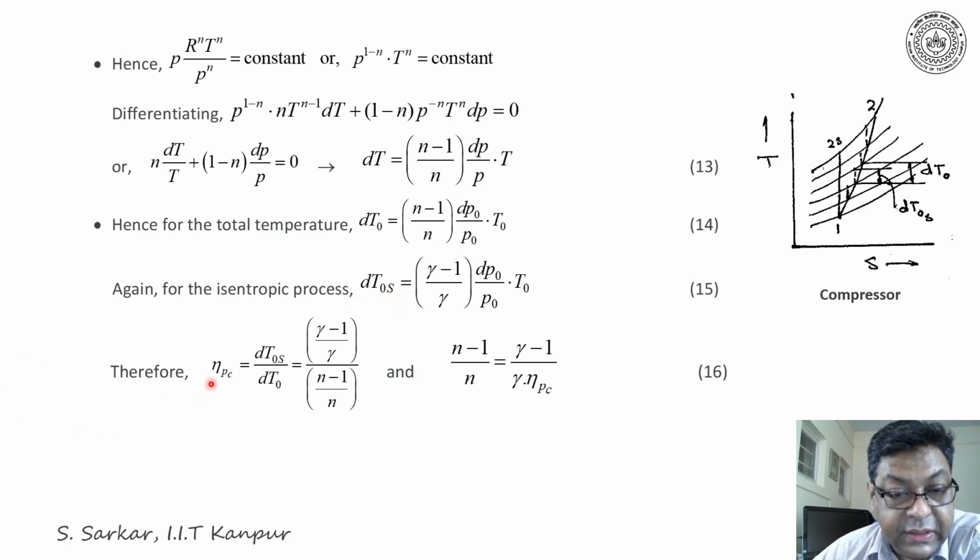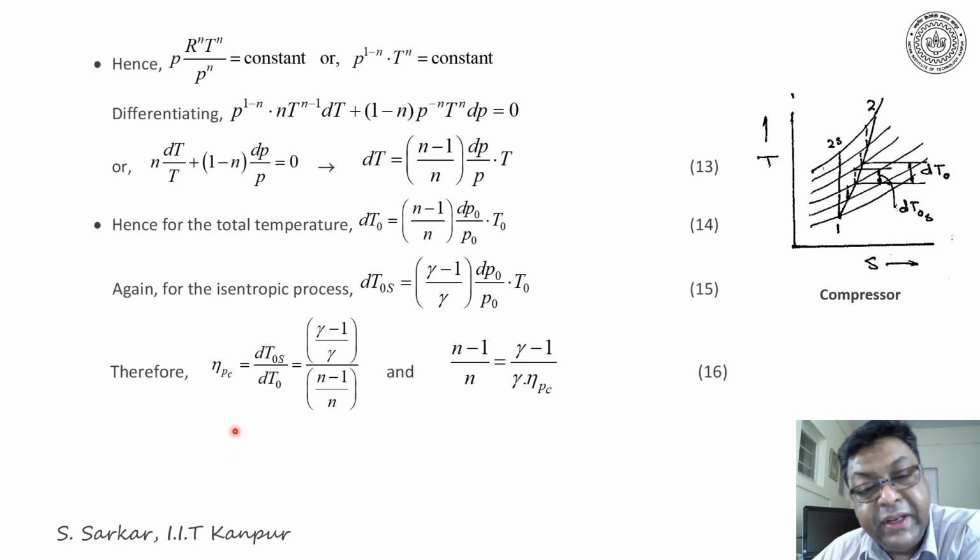Thus, eta PC, which is the polytropic efficiency for the compressor, that is the elemental isentropic efficiency, can be written as dT0s by dT0, that is equal to (gamma-1)/gamma divided by (n-1)/n.